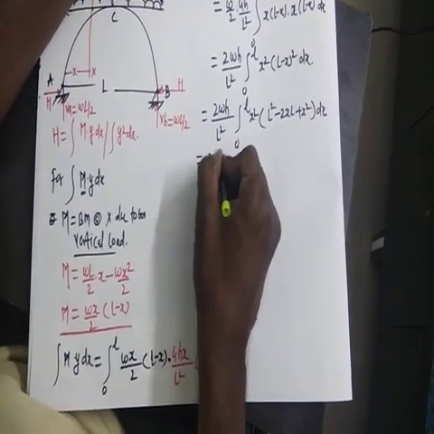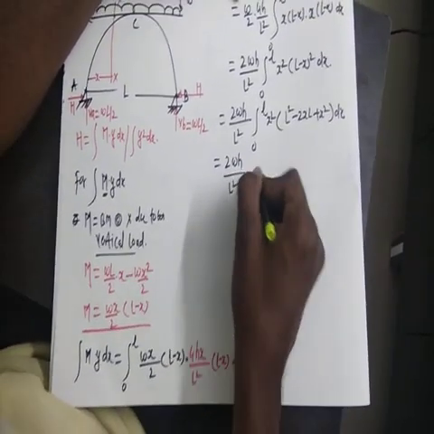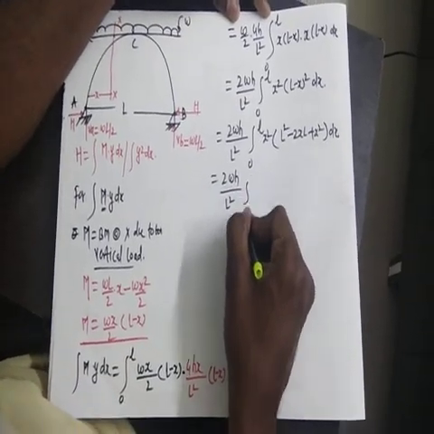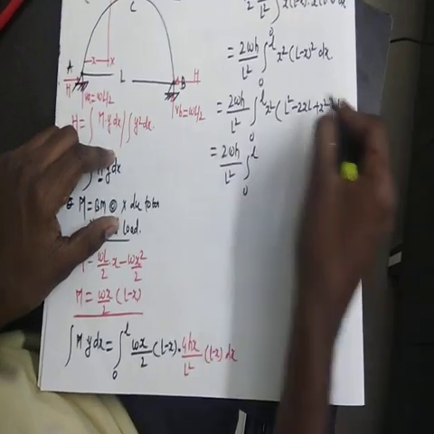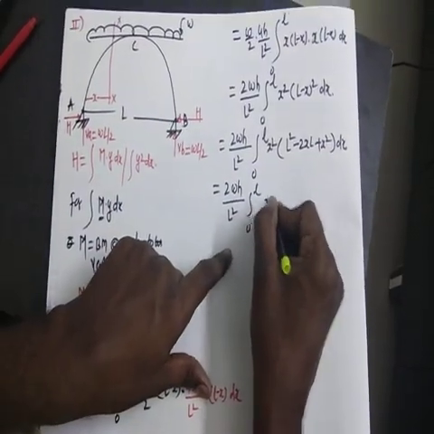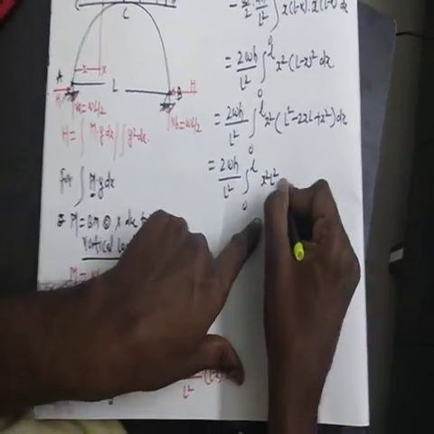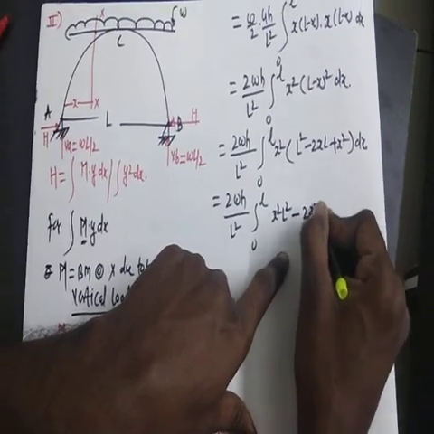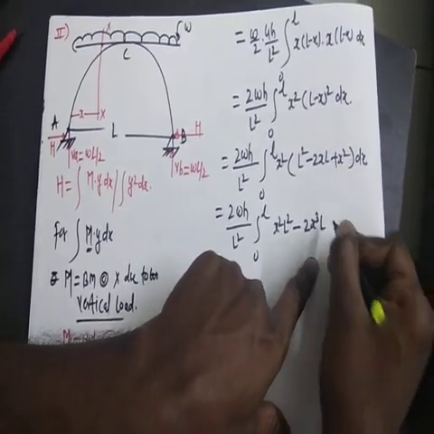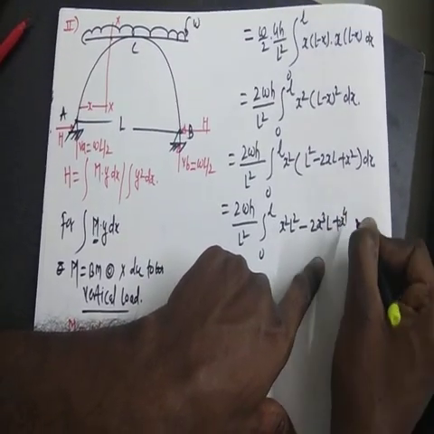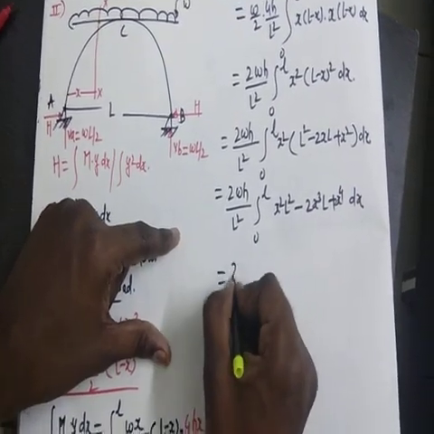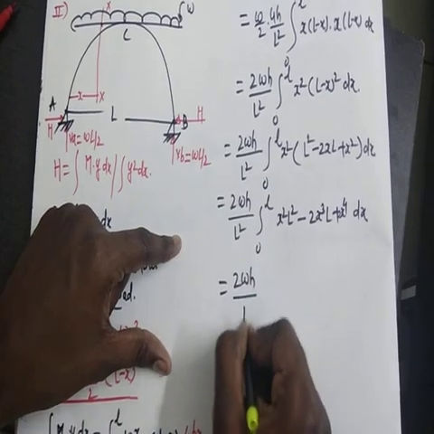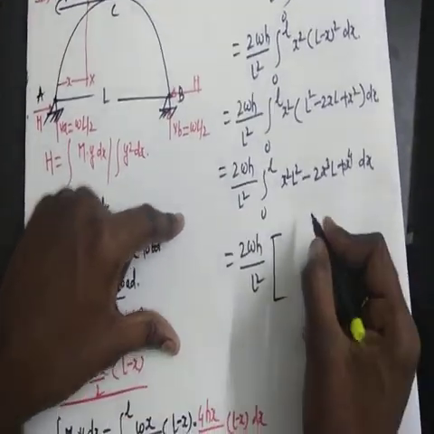Twice WH by L square, integration 0 to L, multiply that x square with each and every term within the bracket. So it becomes x square into L square minus twice of x cube into L plus x raised to 4, dx.